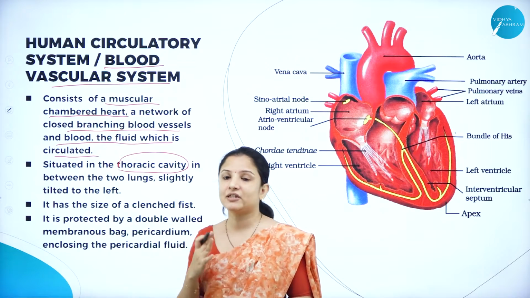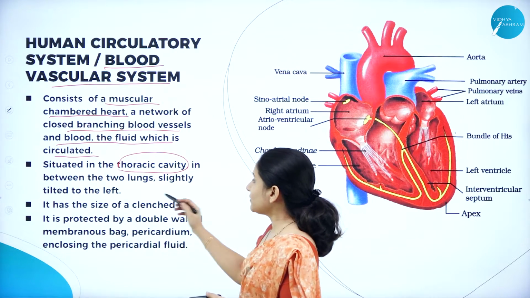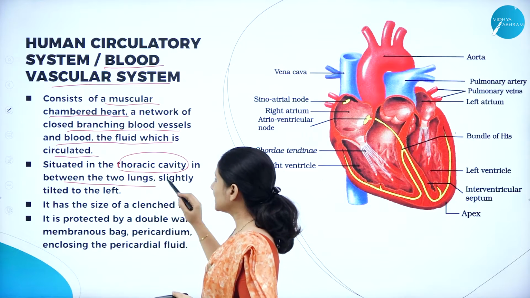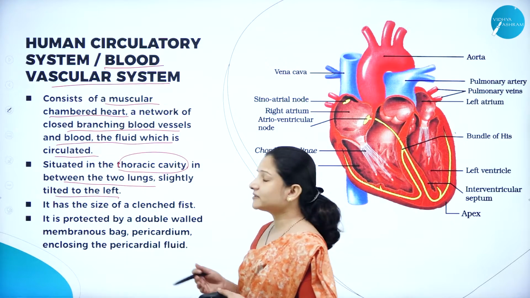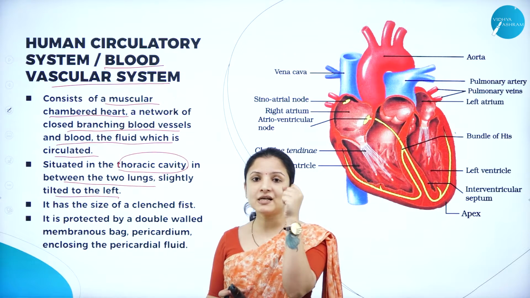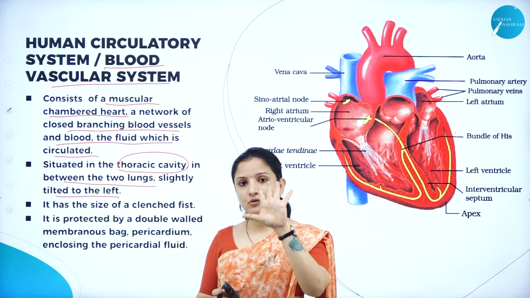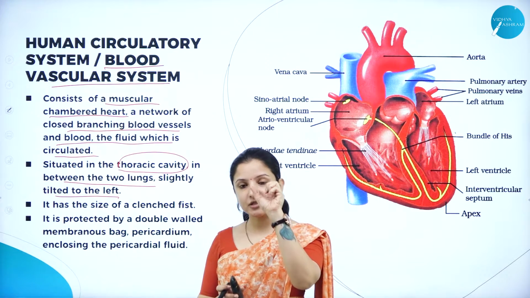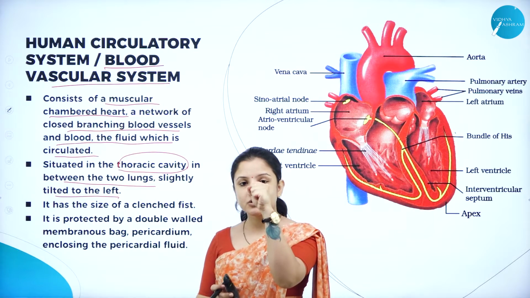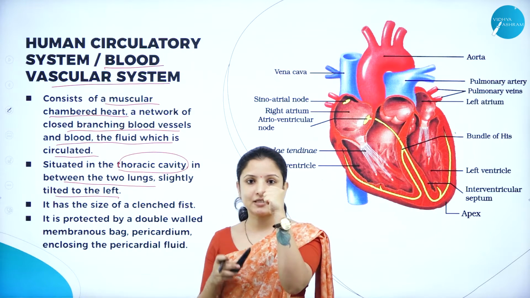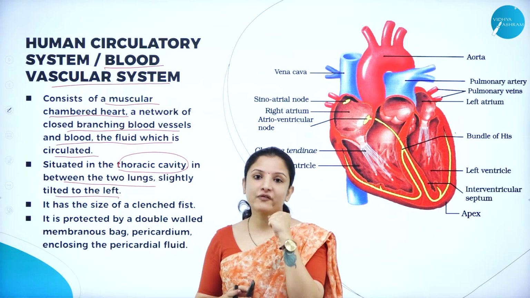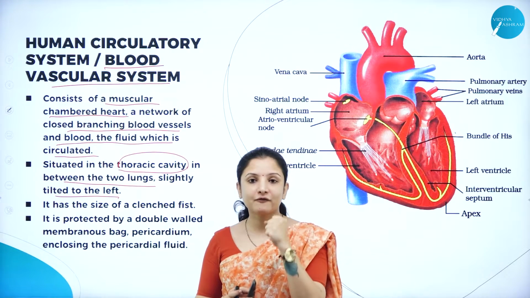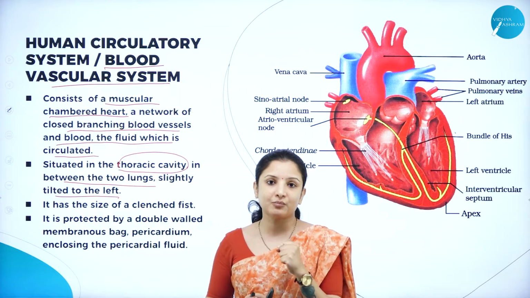In the thoracic cavity, it is situated in between the 2 lungs, slightly tilted to the left. And the size of the heart is that of a clenched fist. If you fold your palm like this, the size of your clenched fist is the size of your heart. So the heart is very small, but imagine it performs such a major activity in the body, right?